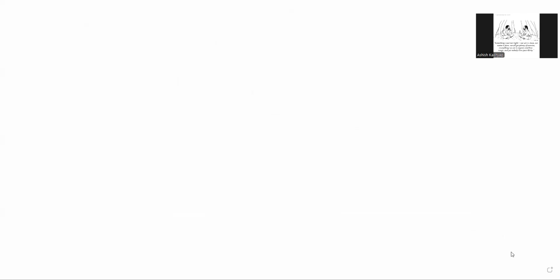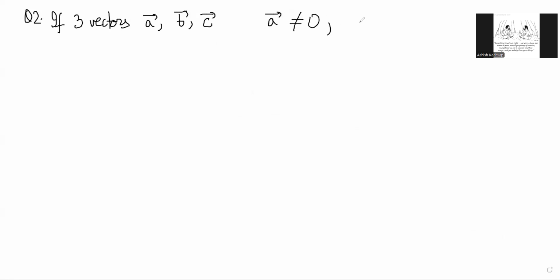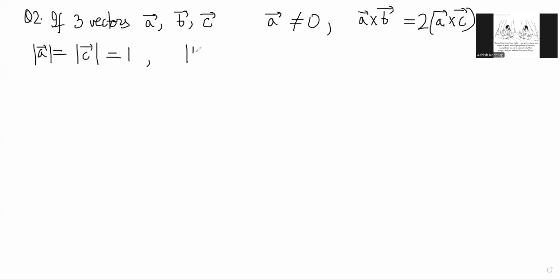In this question, we have three vectors A, B, and C such that A is not equal to 0, A cross B is equal to twice of A cross C, and mod of A is equal to mod of C is equal to 1, and mod of B is equal to 4.